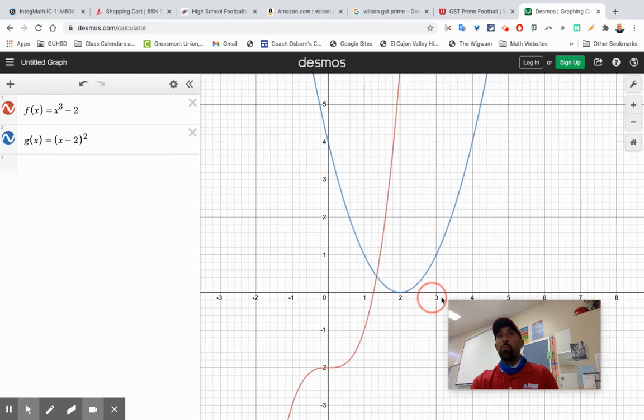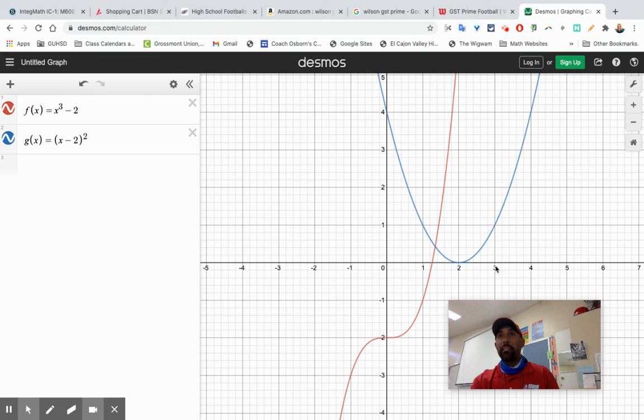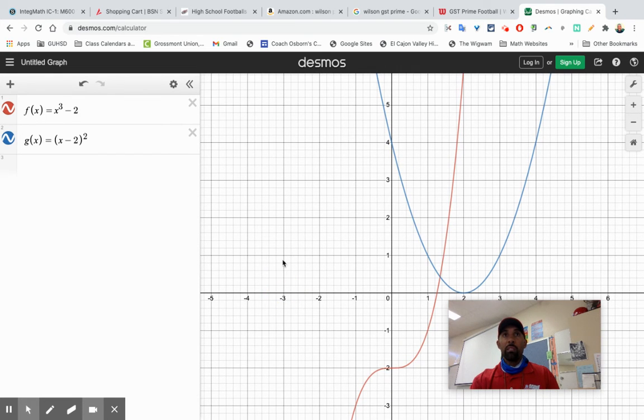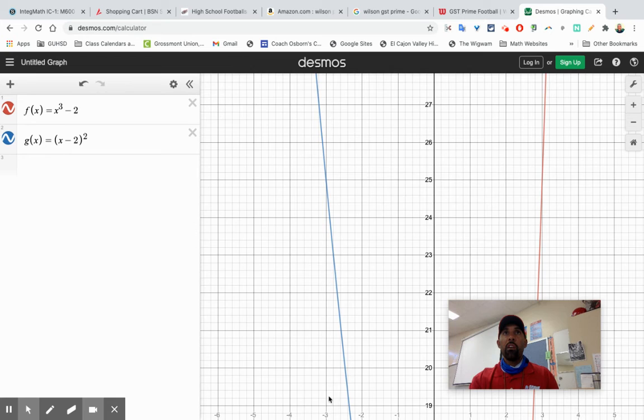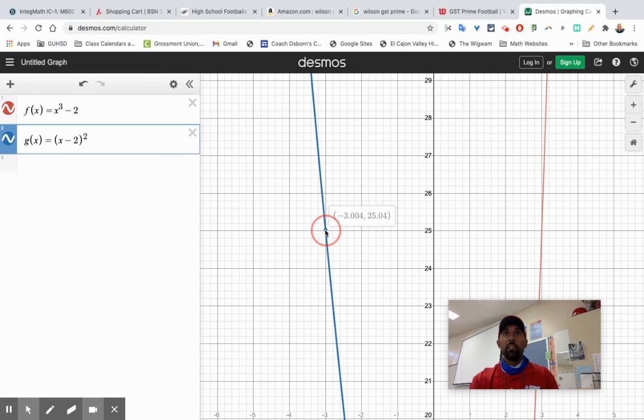Okay, if I go over to the negative of that same number, so in other words, if I go to positive 3 and then go over to -3, if -3 gives me the same y value, that's called an even function. But if you notice, if I go from 3 over to -3, I have to go pretty far up until I get up to here, which is 25.